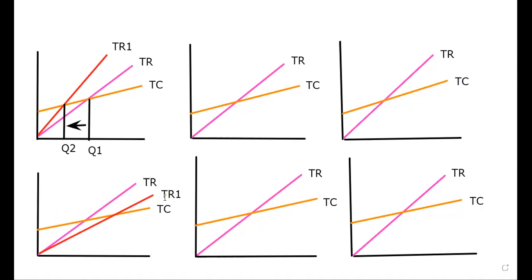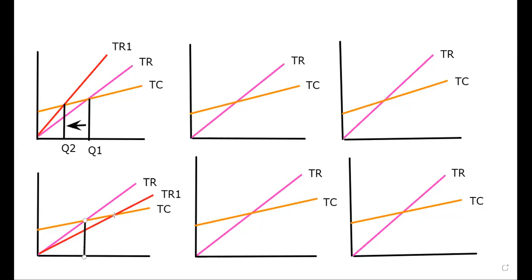This will be TR2, and this is TR1. You can see now what happened: the selling price decreases. If the selling price decreases, the revenue curve becomes flatter. So what has happened to the break-even quantity? Previously the break-even point was here, where the total revenue met the total cost. This is the previous quantity.